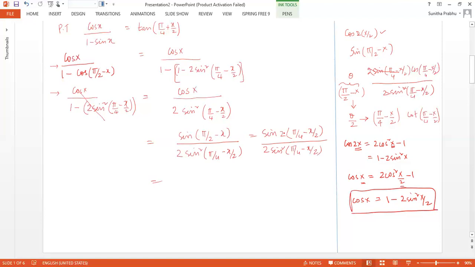I'm just taking 2 out, dividing it by 2. So pi by 4 minus x by 2, I'm multiplying and dividing by 2, right? Then this is now like sine 2 theta. This is our theta now, right? So I can write this as 2 sine theta, that is pi by 4 minus x by 2, into cos theta, divided by.